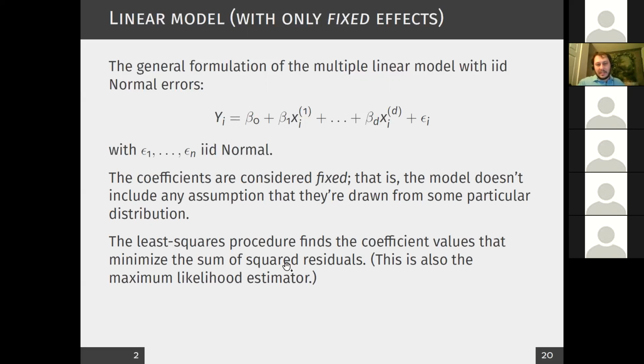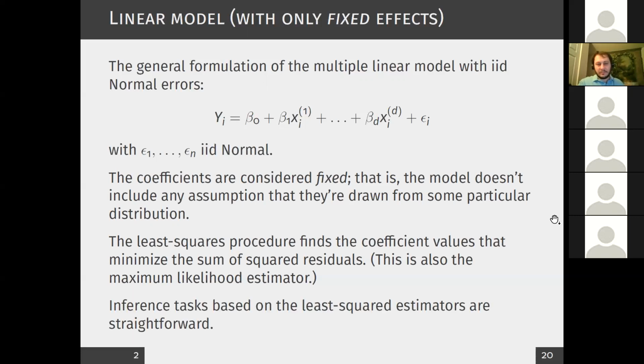So a lot of the text here is just for your own future reference. I think the better thing is to try to listen to my explanation than to read all of the text. When you're doing this type of modeling, the maximum likelihood estimator is also the least squares estimator. It's the set of coefficient values that result in residuals that have the smallest possible sum of squares.